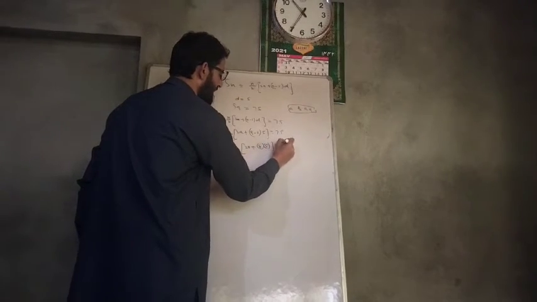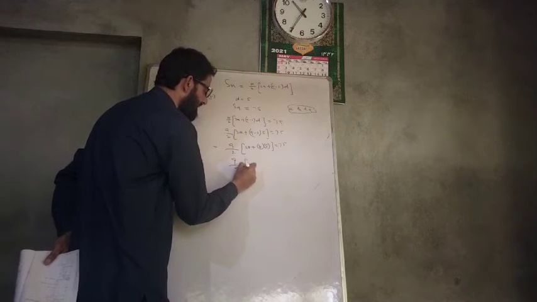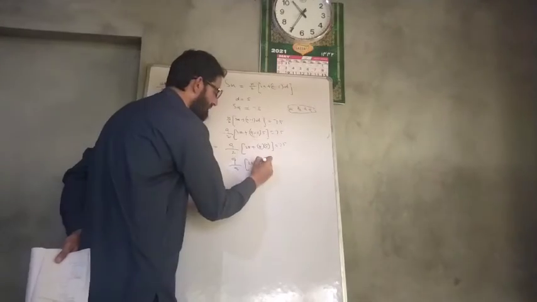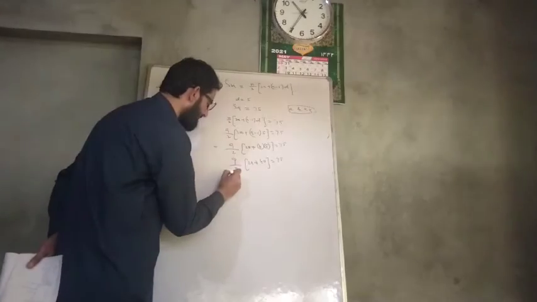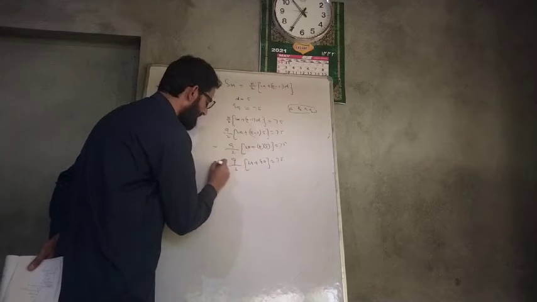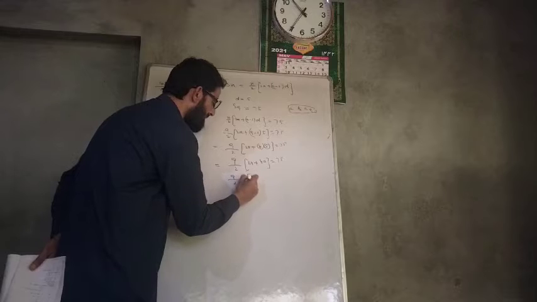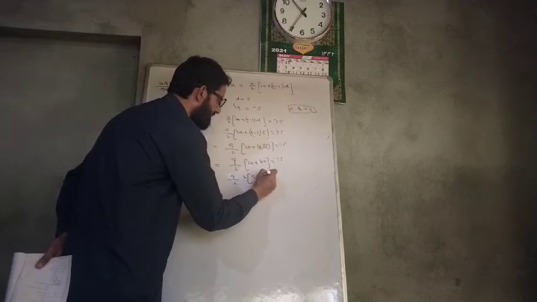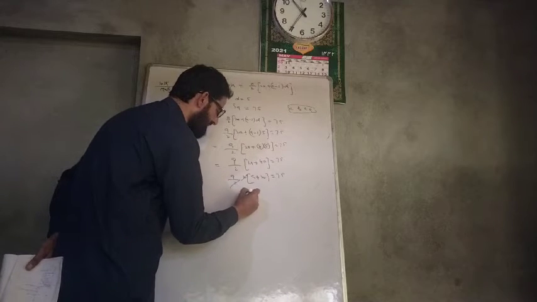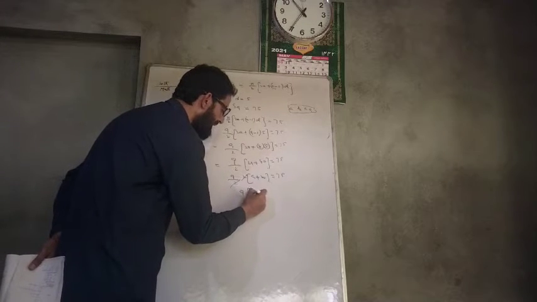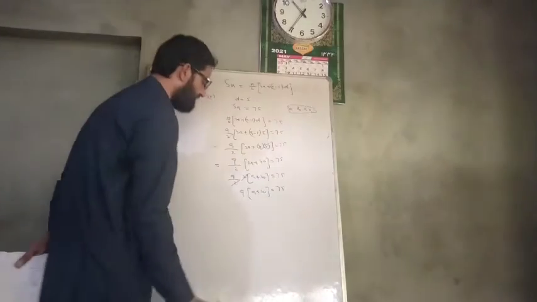So proceeding, 9 divided by 2 into 2a plus 40 is equal to 75, taking 2 common. This is 9 divided by 2, taking 2 common, a plus 20 is equal to 75. 2 and 2 will get cancelled. We are left with 9 into a plus 20 is equal to 75.